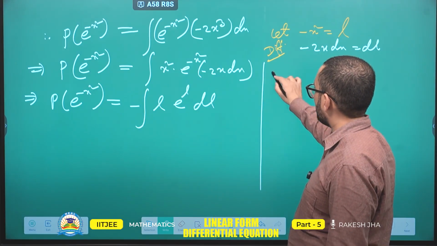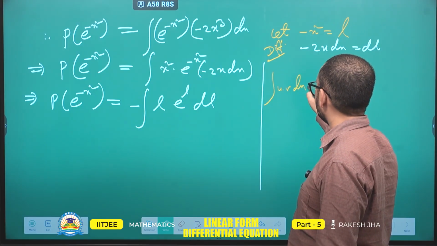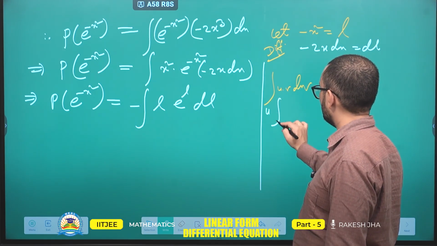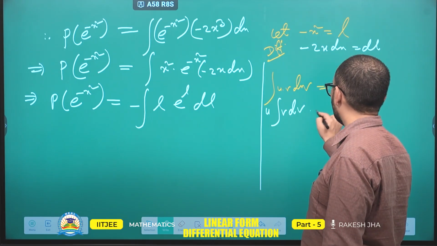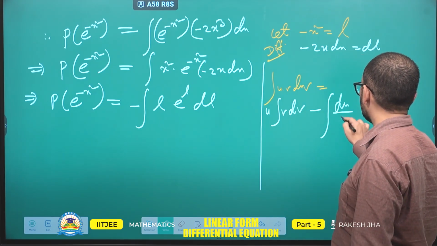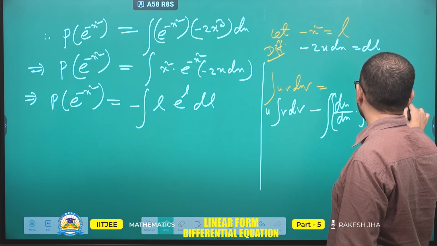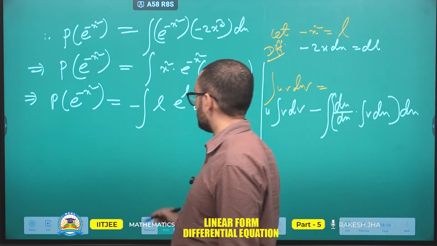So integration by parts, we know the method: integral of u v dx is equal to integral of the first function u times the integral of v dx, minus the integral of the differentiation of the first function times the integral of the second function, and then dx. So here the same logic will work.